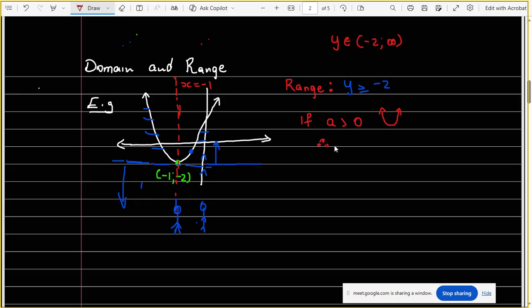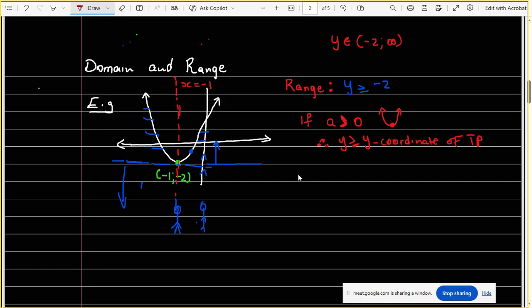Therefore, your range will be y must be greater than or equal to the y coordinate of your turning point, TP.